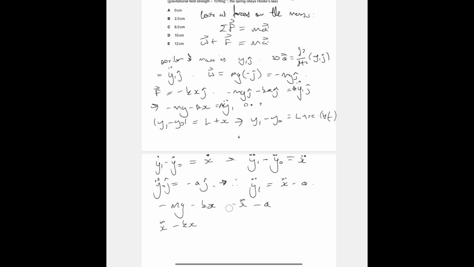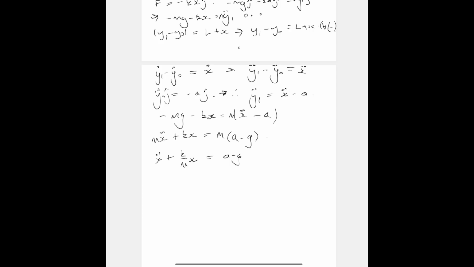So this should be m. Now I'm doubting whether it's a minus g. Yeah, so we get this, which is actually a second order differential equation.